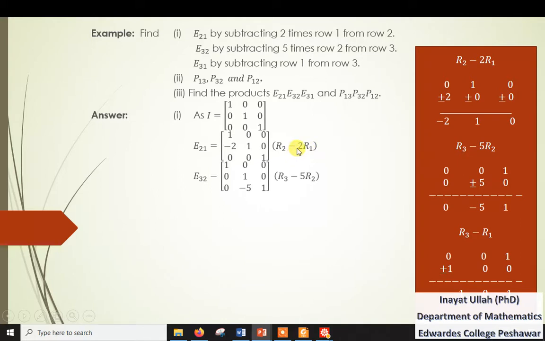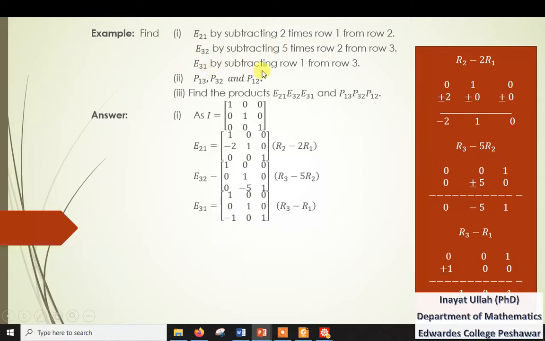Minus 2 appeared in R2 where there is 1 above in R1, and minus 5 will appear in R3 where there is 1 above in R2. So that is E32.